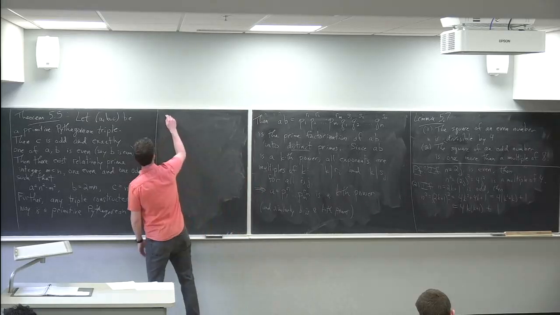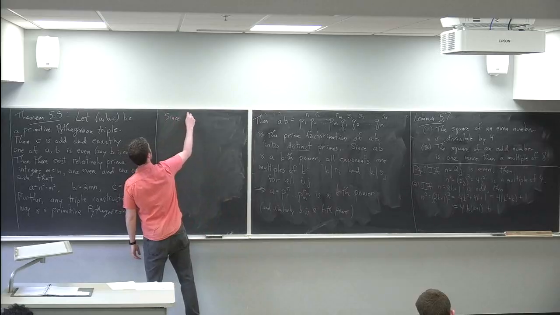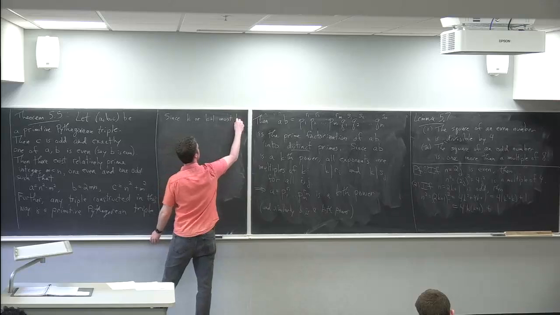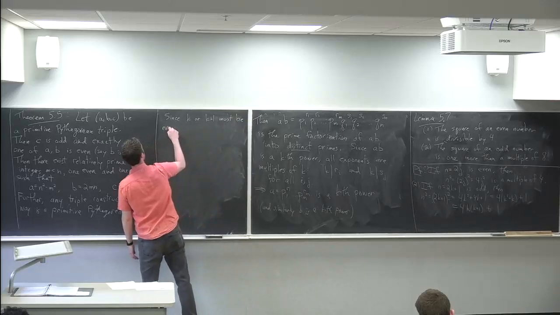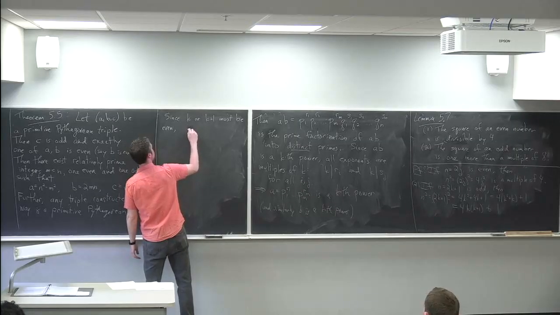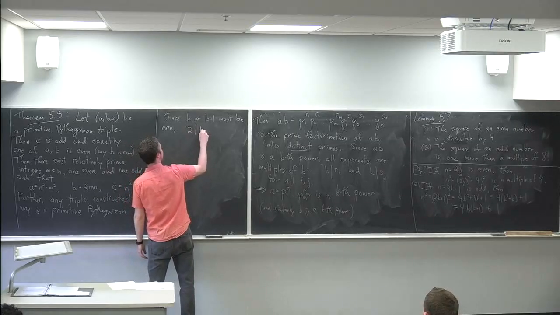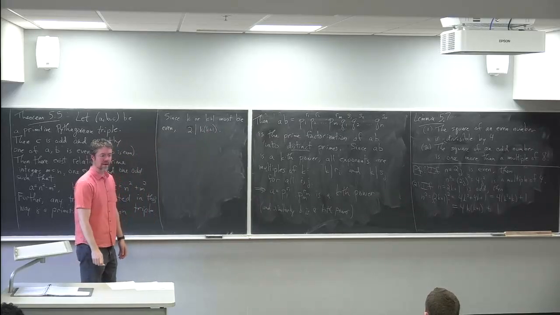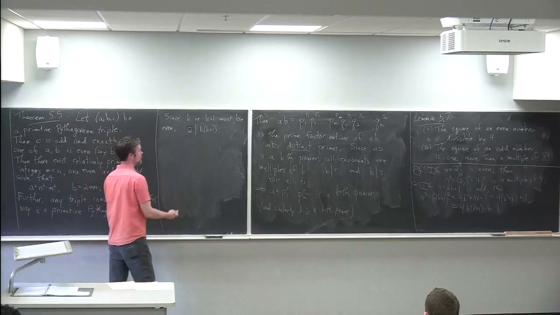since k or k plus 1 must be even, 2 is a divisor of the product k times k plus 1.